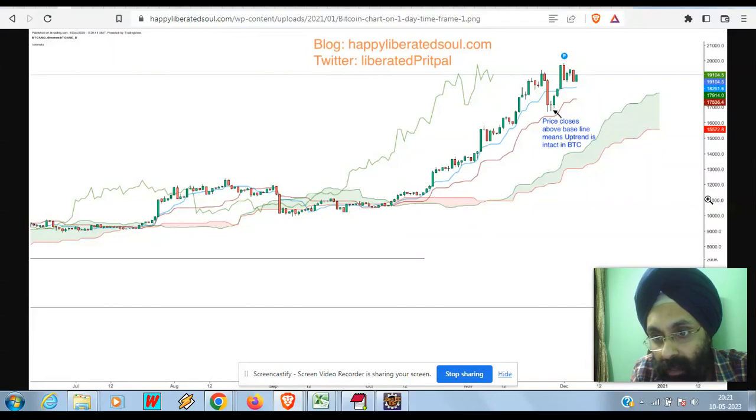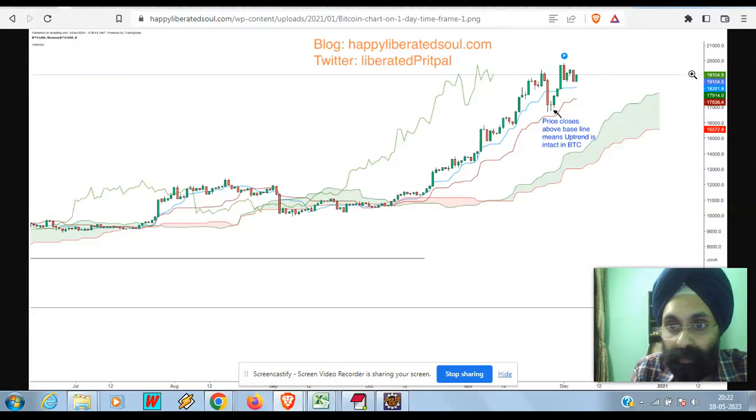The trend started here and the price was somewhere like 11,600 here, and from 11,600 the price went till 19,104. So this was the power of the uptrend.